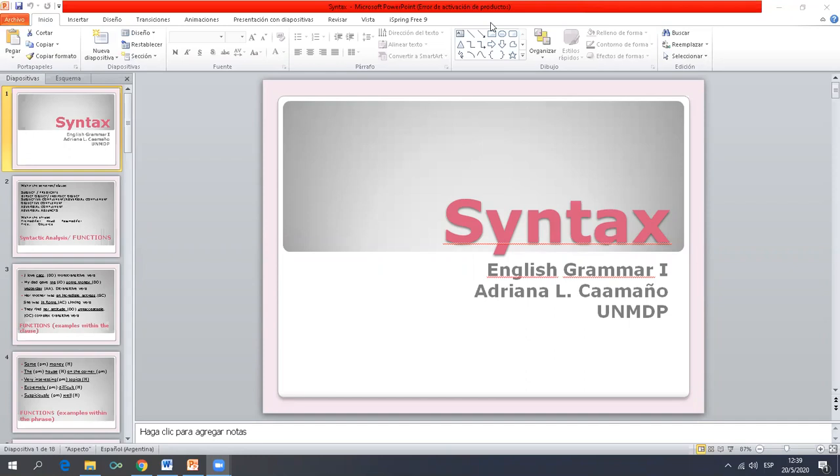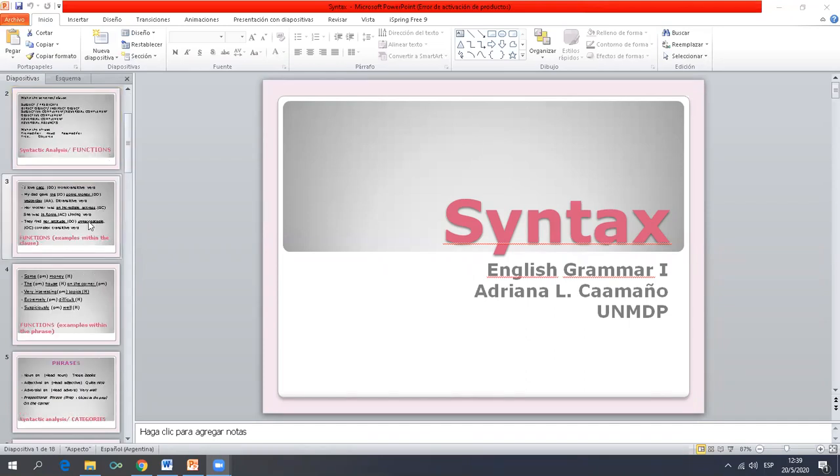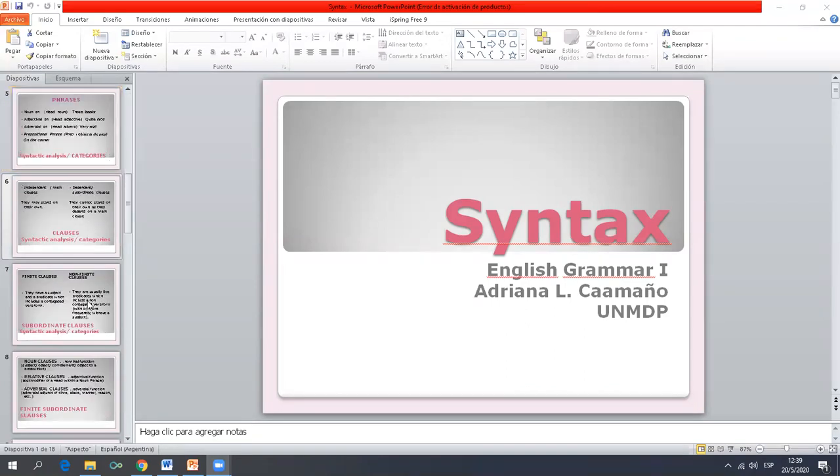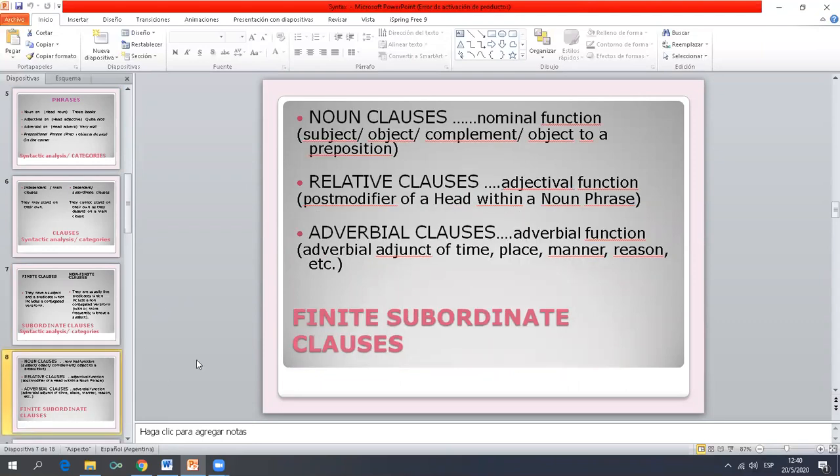Remember last week, we started talking about subordinate clauses, and we focused on finite subordinate clauses, those that include a conjugated verb form. We talked about the classification of finite subordinate clauses into three kinds: noun clauses, relative clauses, and adverbial clauses.